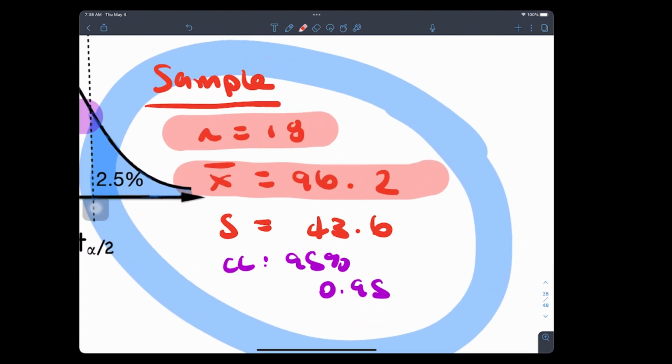That's only one sample. If you take another sample of the exact same size, it's not going to be 96.2 exactly, but it'll be close. Take a third sample of size 18 and compute the sample mean. It might be close to 96.2, but it'll be a different number. If you take 100 samples of size 18, you can get 100 different means. They might be close.